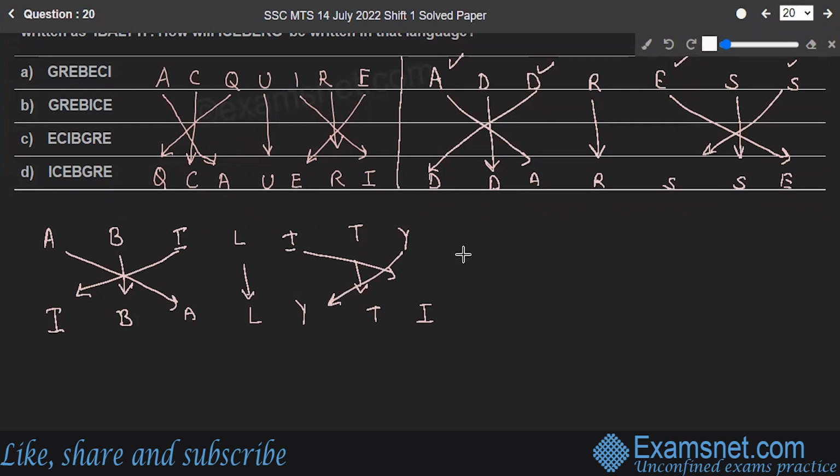The pattern is that the first and third alphabets, and the fifth and seventh alphabets, interchange their positions.